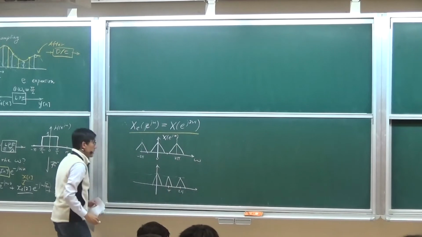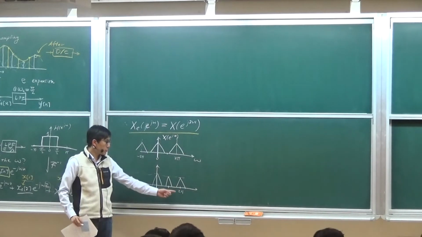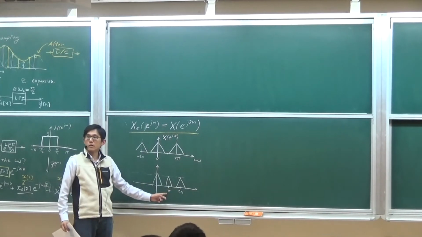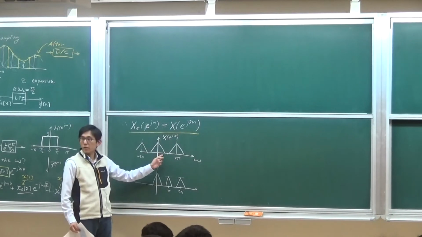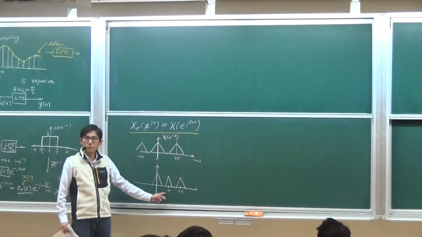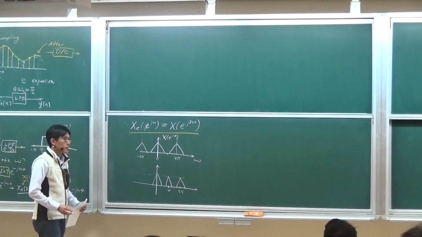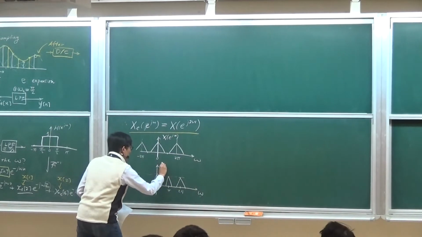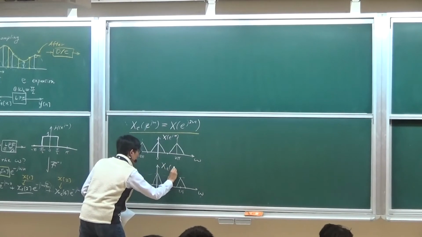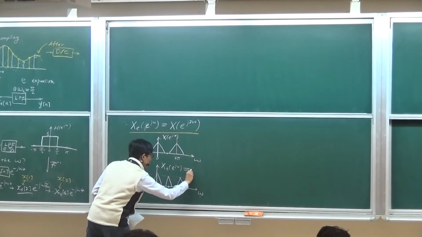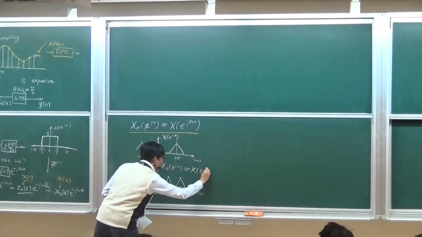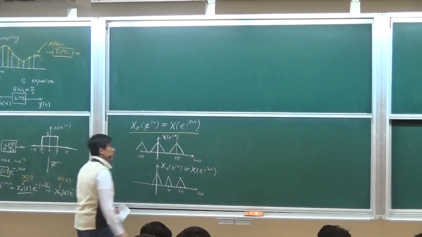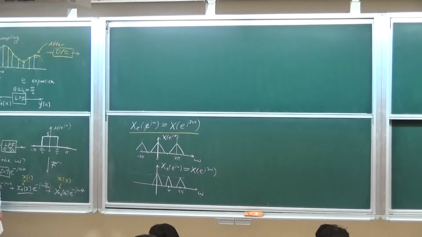The period in the frequency domain becomes smaller, becomes half, becomes pi. So it was 2 pi there, but now the period becomes pi in the frequency domain. And this is our spectrum of X after expansion, because it simply is the original spectrum evaluated at double the frequency. Okay, so that's the idea. That's the way to draw a picture out of this. So this is after expansion.